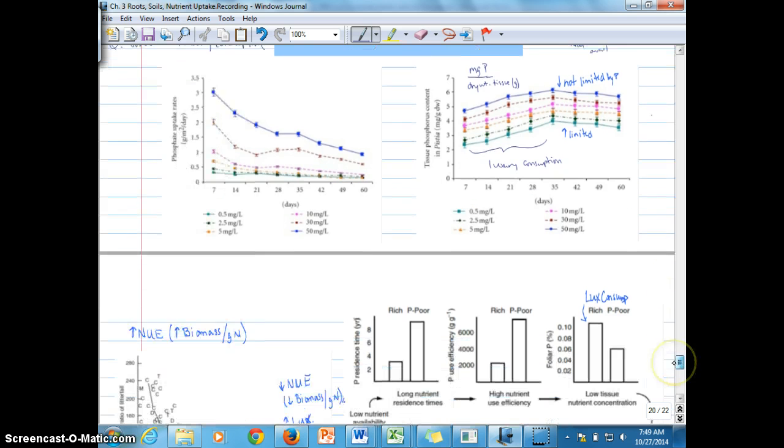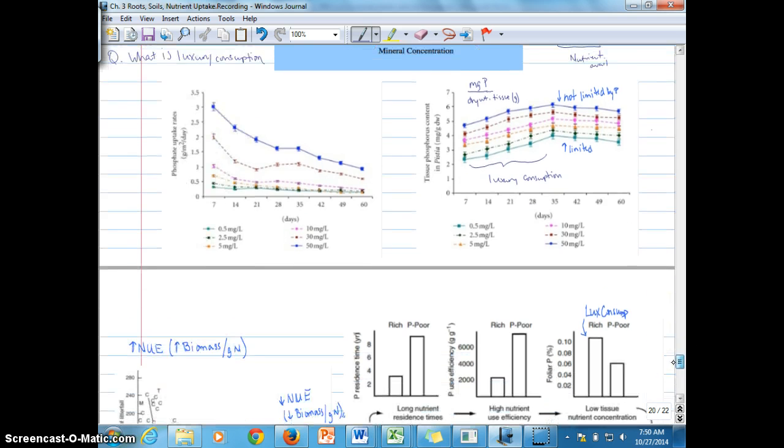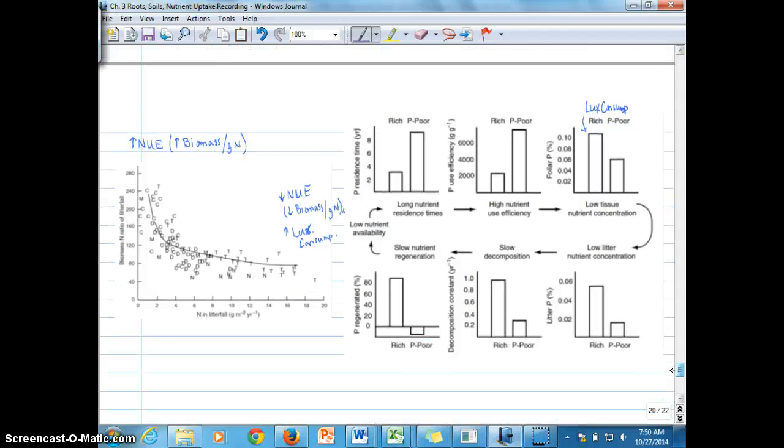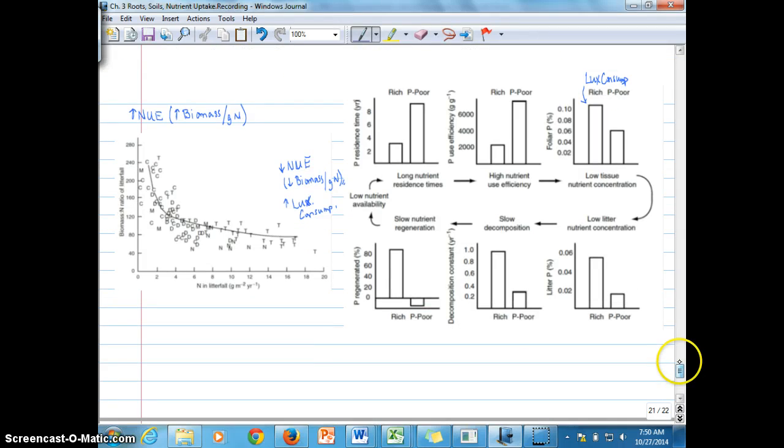All right, so we can compare this, in contrast to luxury consumption, which is when nutrient availability is high, with what happens on the left when nutrient availability is high versus low. In this graph, we're looking at a different way of looking at nutrients: nitrogen in litter fall, as content, the amount per area of the litter.